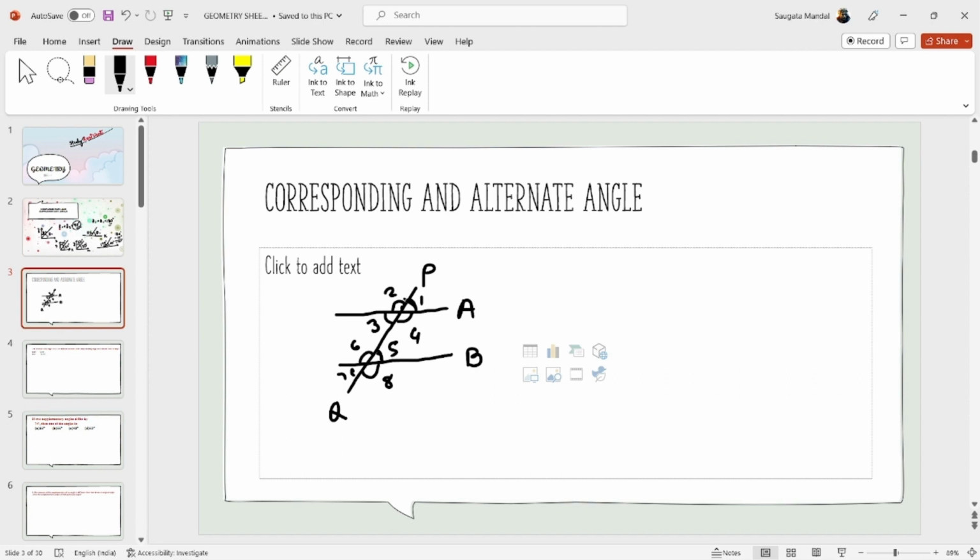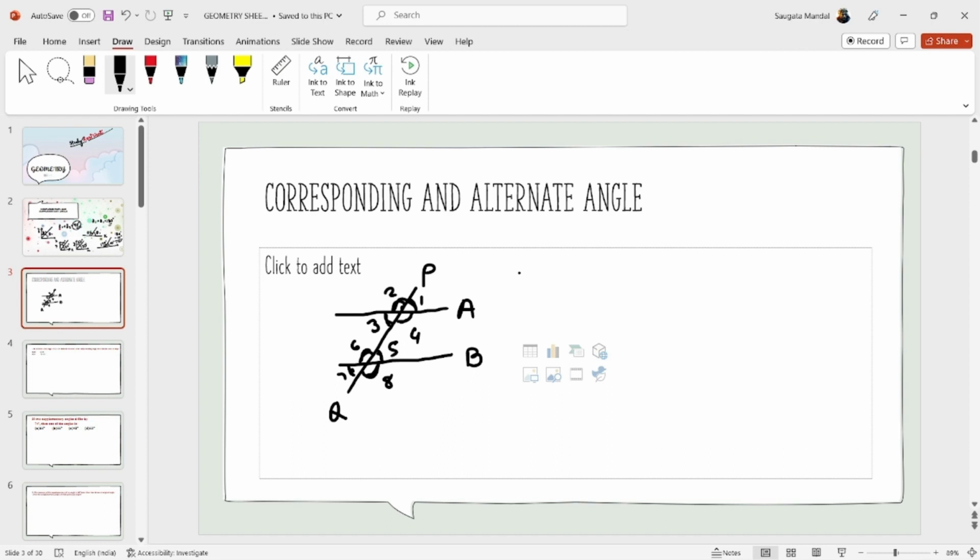Similarly, theta 2 and theta 6, theta 4 and theta 8, and theta 3 and theta 7 are corresponding to each other. That means they are equal.